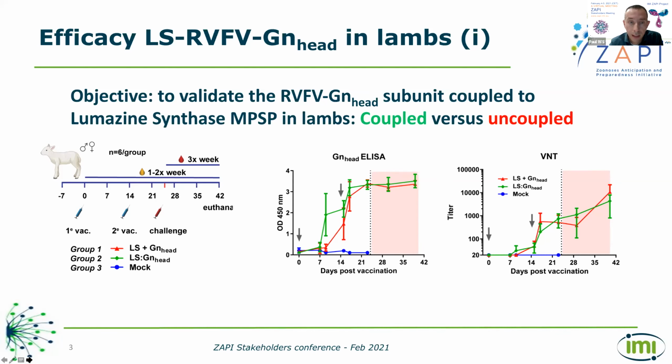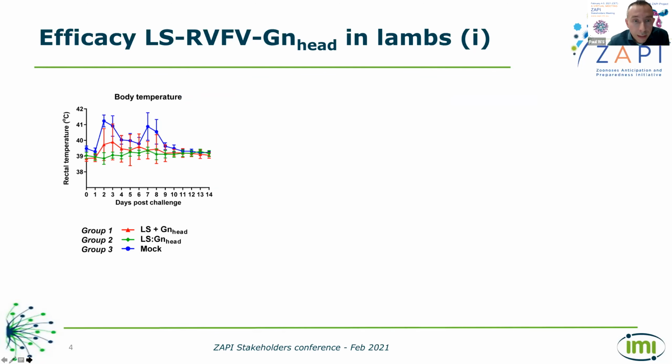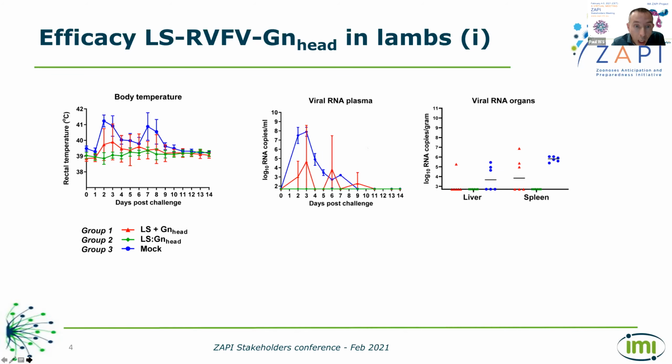However, next slide. If we then look at the body temperatures as a readout of the challenge, you can clearly see that mock vaccinated animals develop high fever, and there is some temperature increase in the uncoupled group, and this is also reflected by the viral RNA in the plasma.